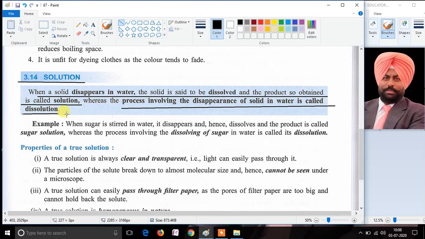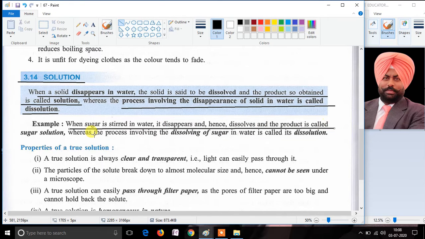Hence we can say that whenever a solid is dissolved in water, the solid disappears and the final solution is obtained. Let's see with the help of an example. When solid sugar is added to water and stirred, the sugar disappears and gets dissolved.